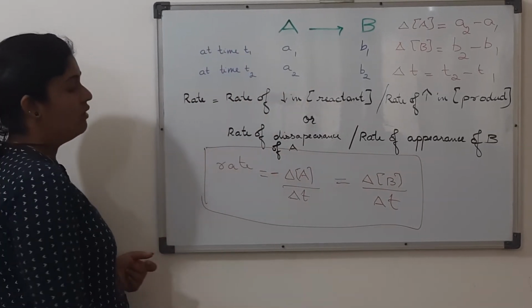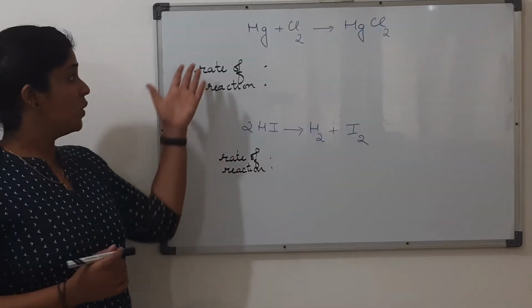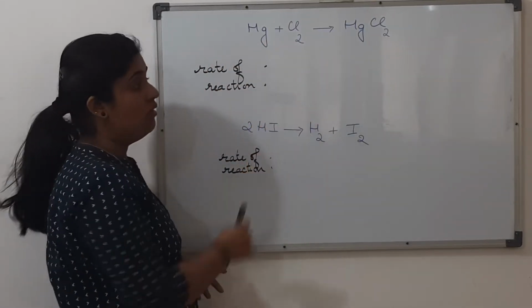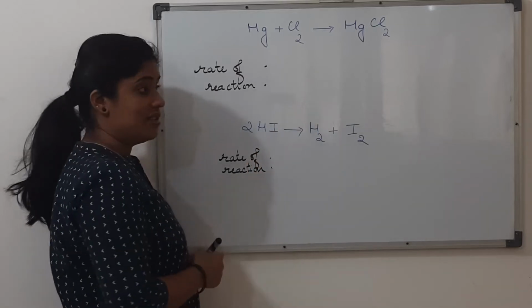So this is given as the rate of a reaction. We can write the rate of any reaction in this form. So let's look at this example. Hg and chlorine, mercury and chlorine reacting to give HgCl2. So what is the rate of the reaction?